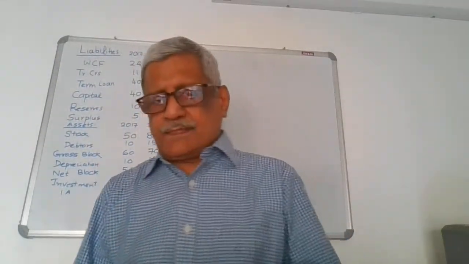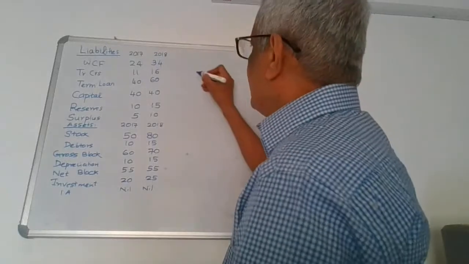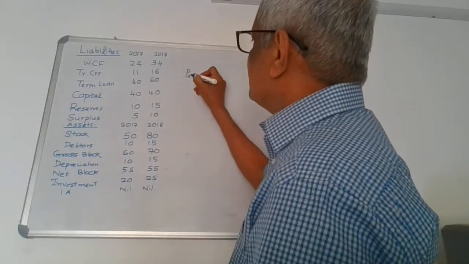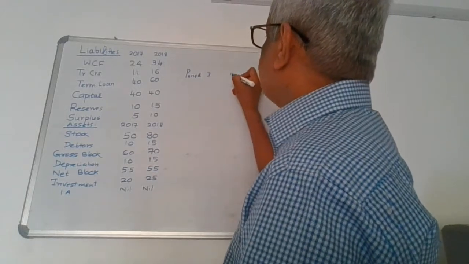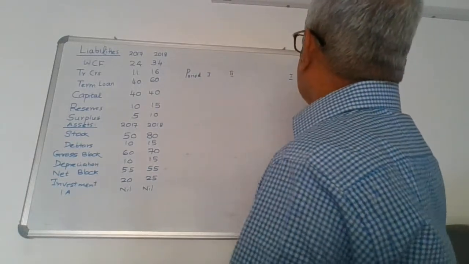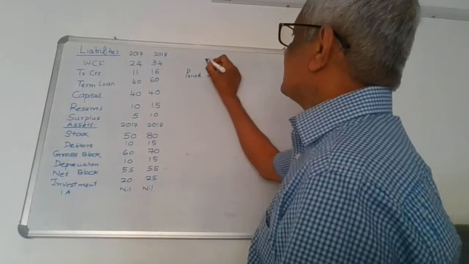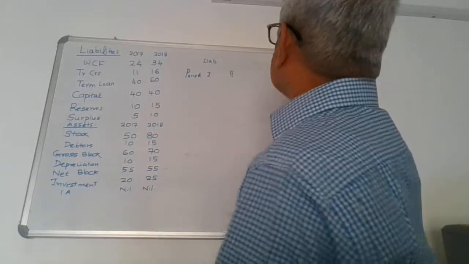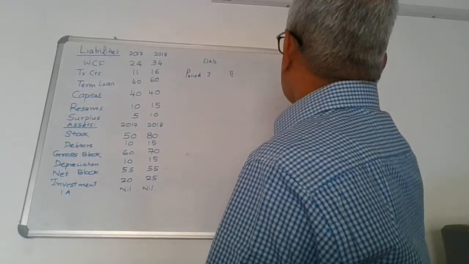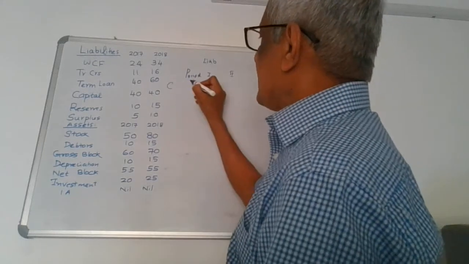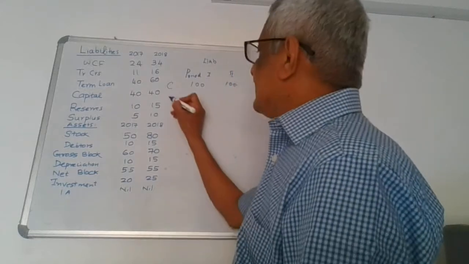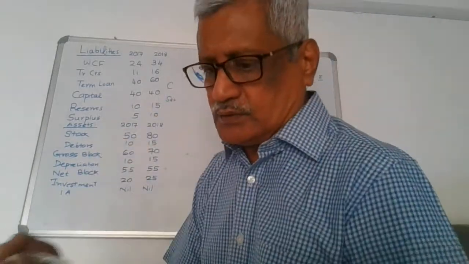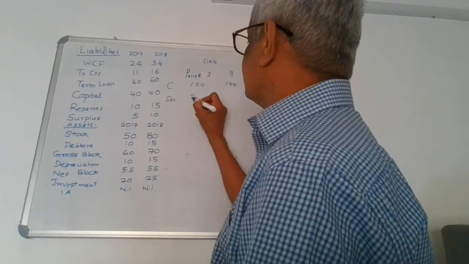Before that, we need to understand two things. I will explain with an example. We have period 1 and period 2. These are liabilities and these are assets. Suppose I have a capital of 100 and I have a secured loan of say 200.